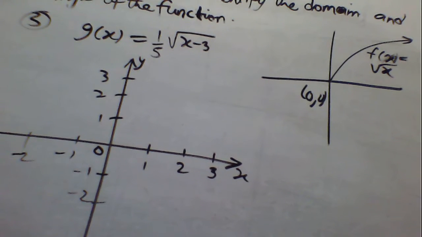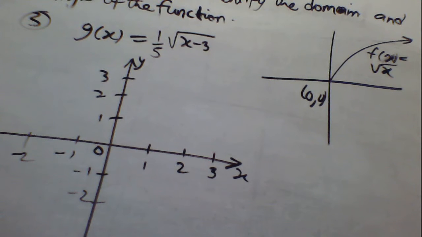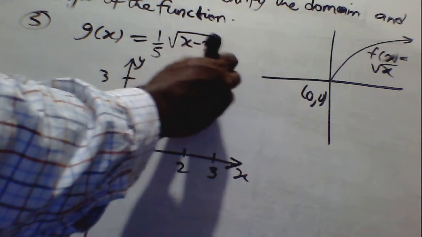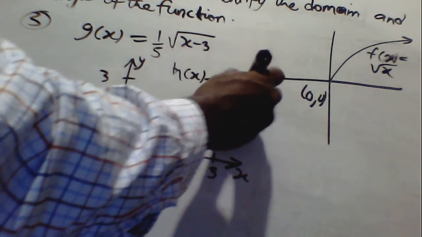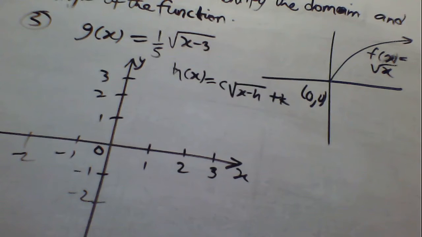So from here we proceed. The graph of g is a horizontal translation by a factor of 3 units to the right. This function is similar to this function: g of x equals c times the square root of x minus h, plus k.